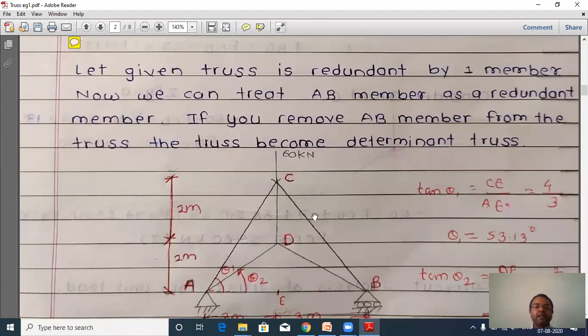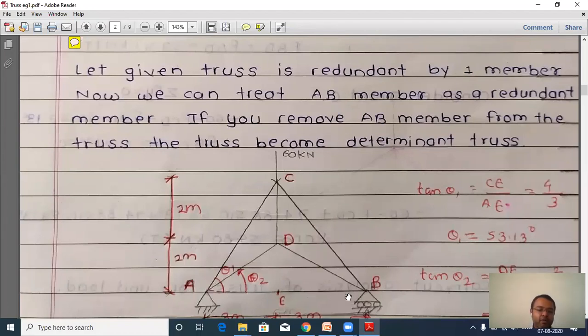This part is more important: whether you have to remove the member or whether you have to remove the support. That is based on the SDI. Here we have got the structure internally indeterminate. That's why by removing one member, here we have removed the member AB.